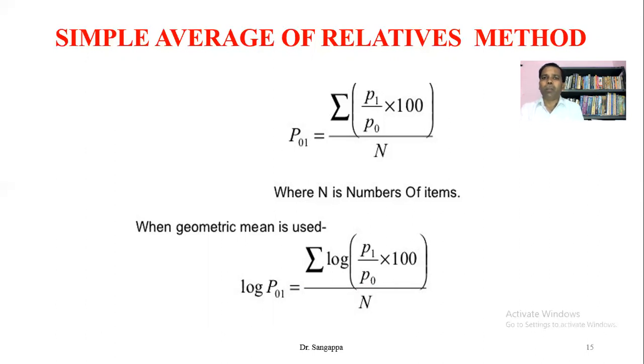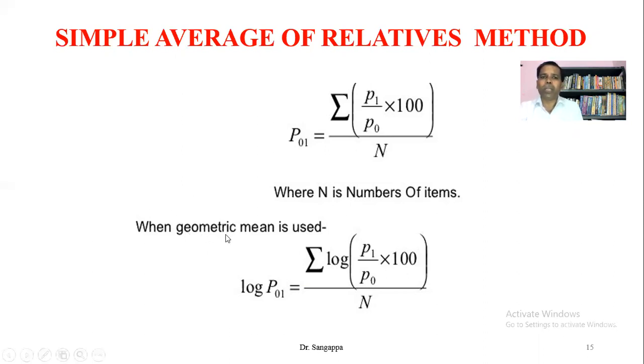If we use the arithmetic mean, the formula of the average of relatives method is P01 equal to sigma P1 upon P0 into 100 divided by N, whereas N is the number of items or number of commodities.